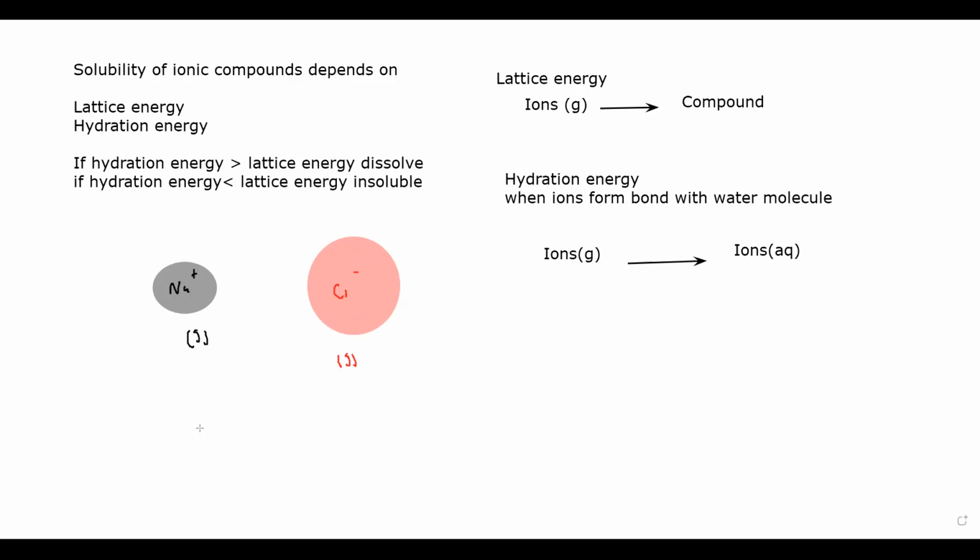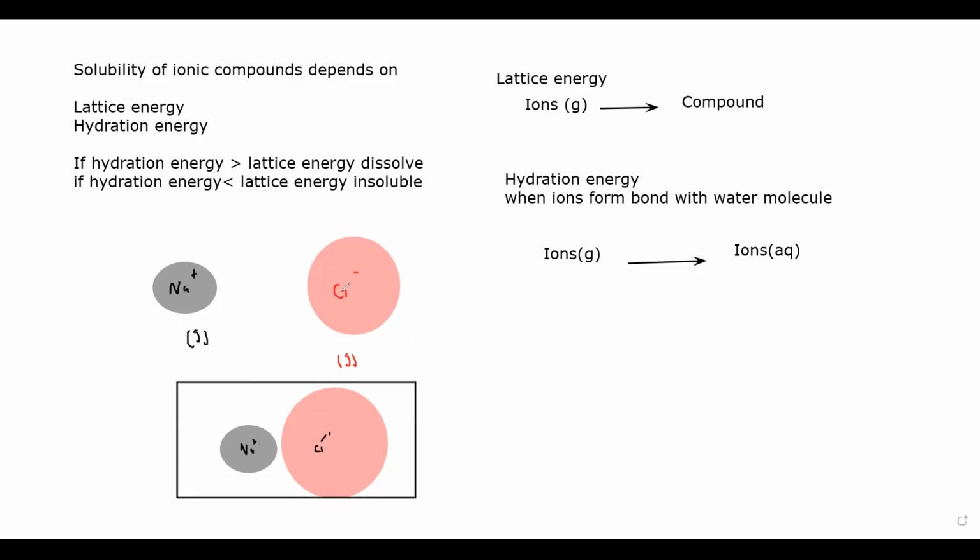This results in the formation of solid sodium chloride. When this solid sodium chloride is formed, it is bond forming, and bond forming is exothermic and it will release energy, and overall this compound is now in a solid state.